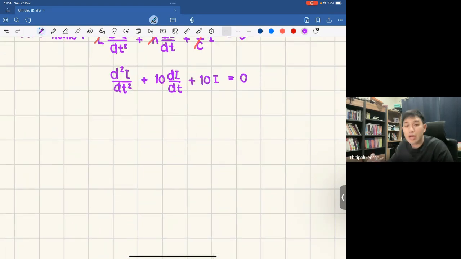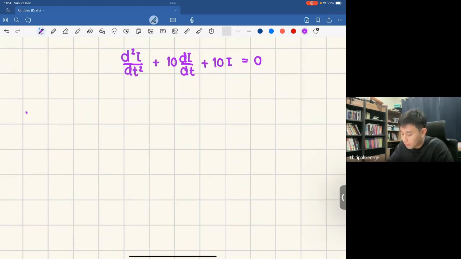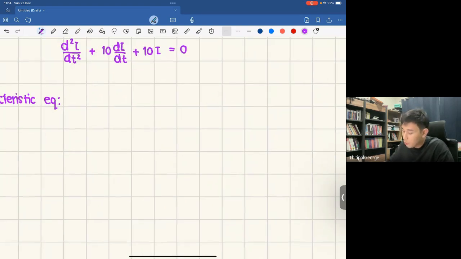This one, we can use the technique of the characteristic equation to solve for this. So let me find the characteristic equation. What we get is r squared plus 10r, and then plus 10, equals 0.